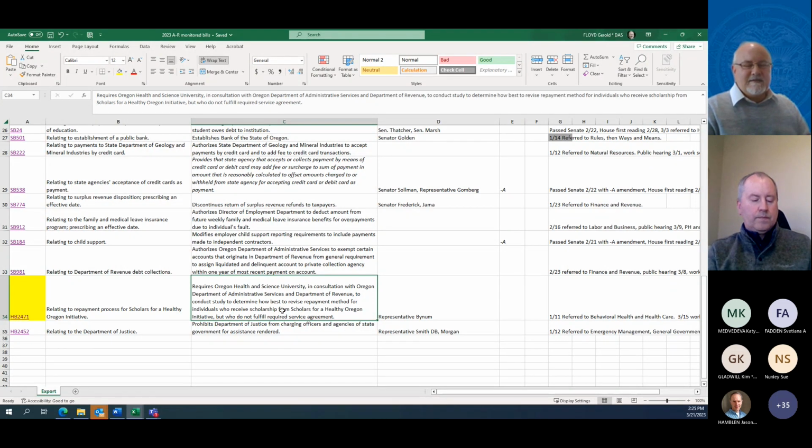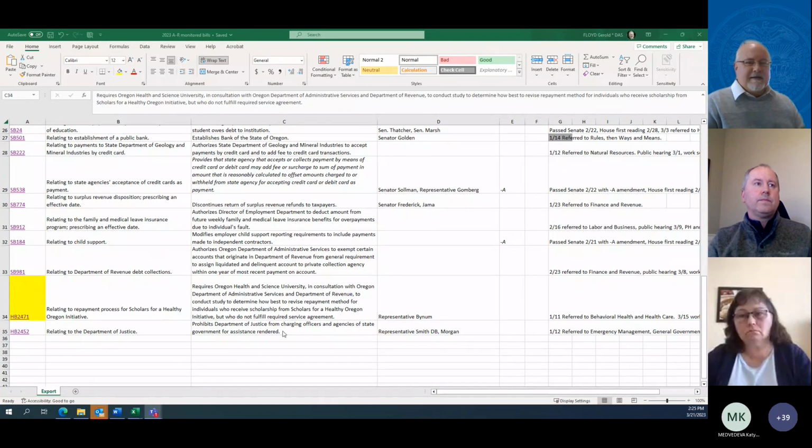As I said in the last ARC meeting, this is an interesting one. It very specifically kind of ties our hands, but then says, go find the best way to establish these repayment methods without giving us the tools to best implement a repayment.